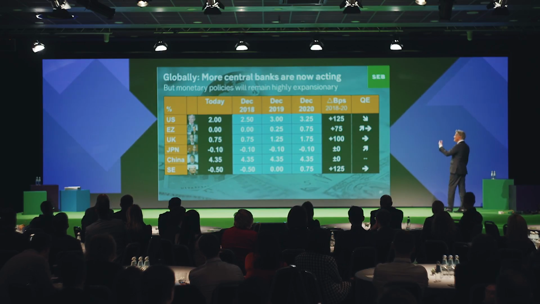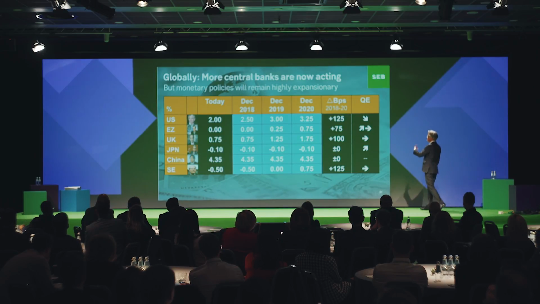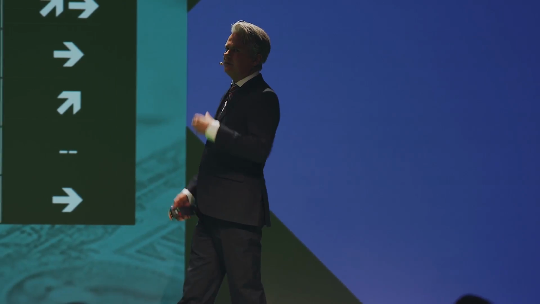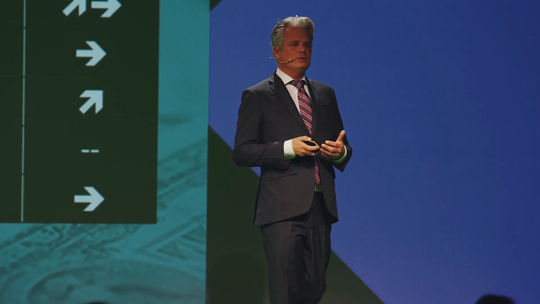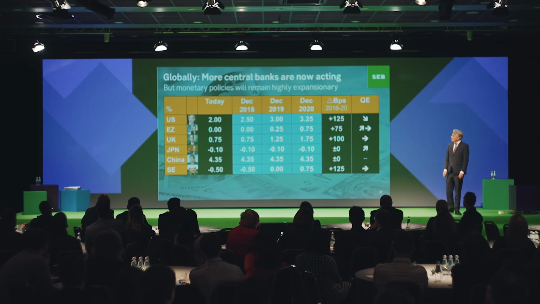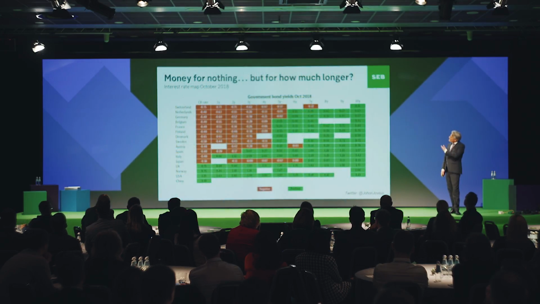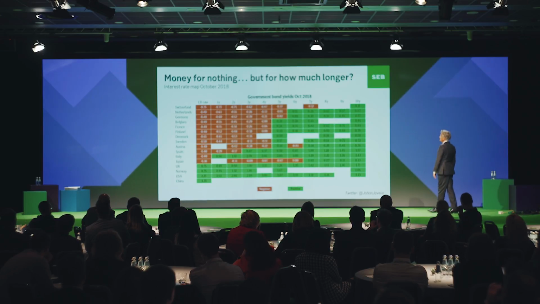So even though we are seeing interest rate hikes in most economies as of now, it's not going to amount to very much. And this means that this problem, well, depends on how you look at it.